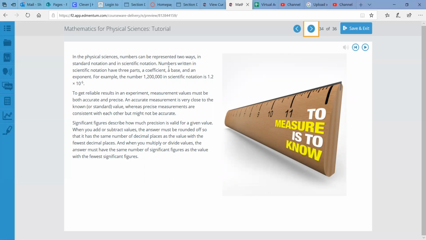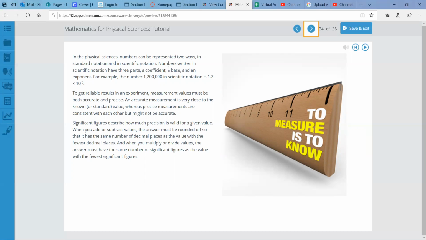And to get reliable results in experiments, these values have to be both accurate and precise, right? Accurate is very close to the correct, known value, whereas precise measurements are consistent and you get the same thing again and again. Significant figures tell us how precise something is when we measure it.